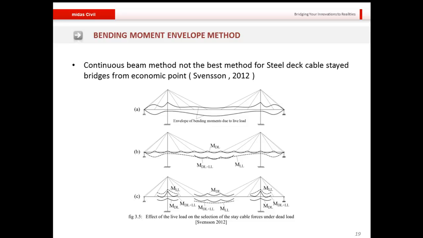So this particular bending moment profile can be achieved after tuning the cable forces such that the bending moment profile in the deck is as low as it can be, or within the lowest permissible limits. So obviously this particular method would definitely give more economic deck properties.